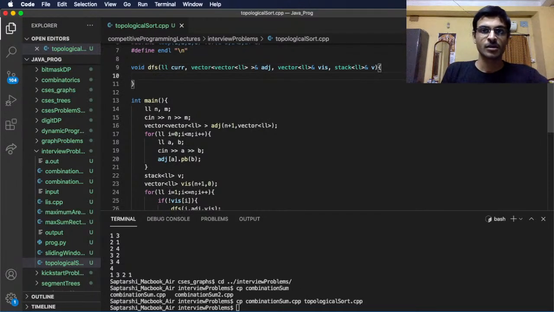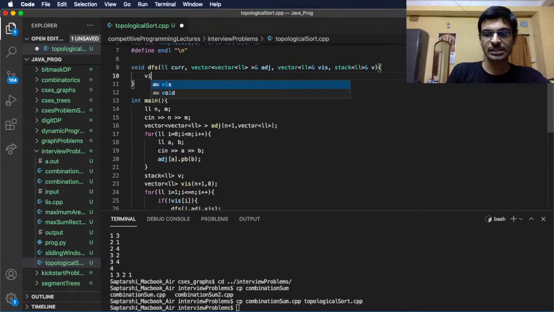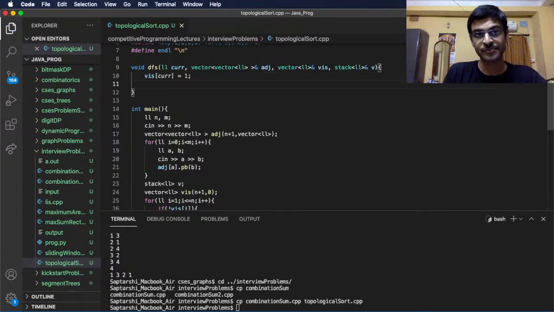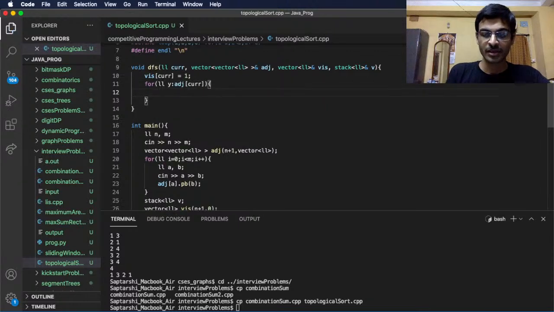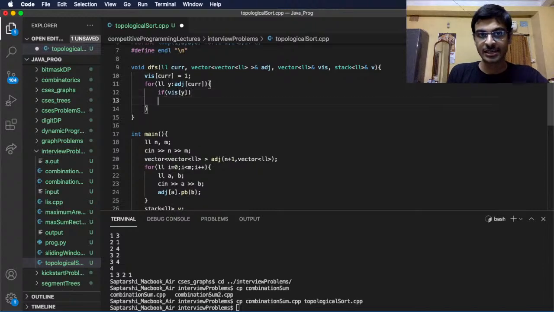Okay, so if I see that it is visited, I won't be visiting it in the first place. Otherwise I'll say okay, visited of cur equals 1. We have visited it. Now what are we going to say? That visit all its children. Whatever you find inside adj of cur, visit all of them. If Y is visited, it can happen, right?